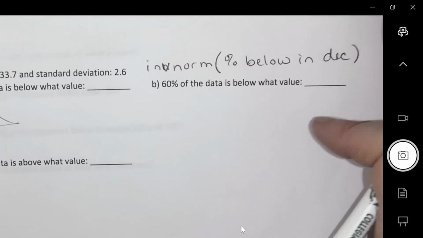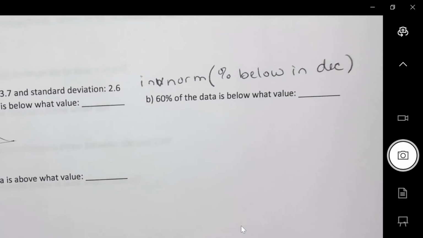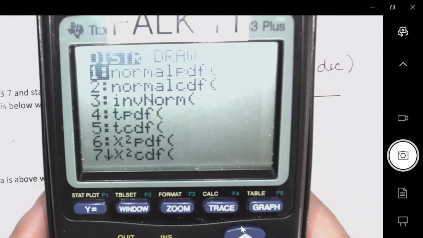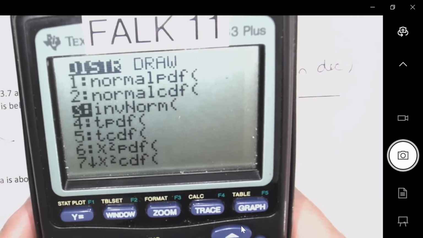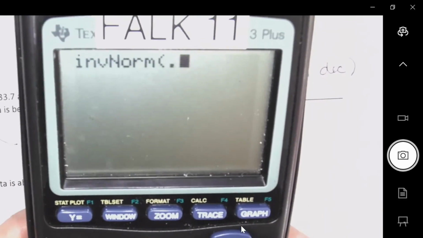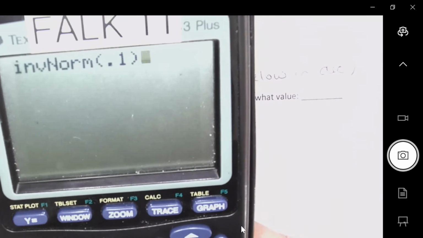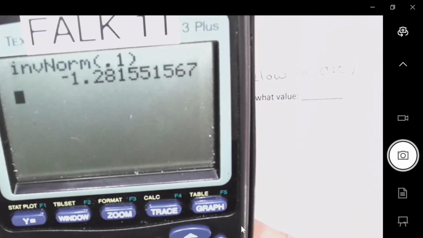And the inverse norm, you're always going to do the percent below in a decimal. Okay, so it's under your distribution of your data. So inverse norm 0.1. And it's going to give you a z-score.